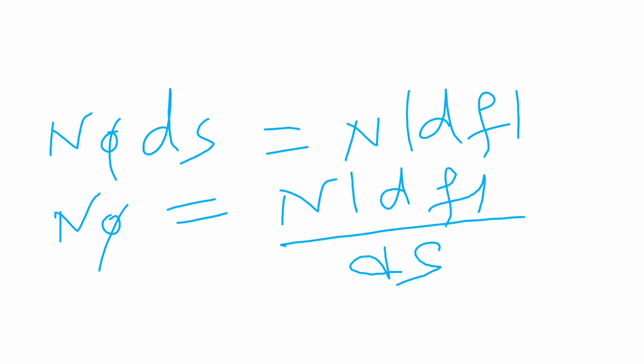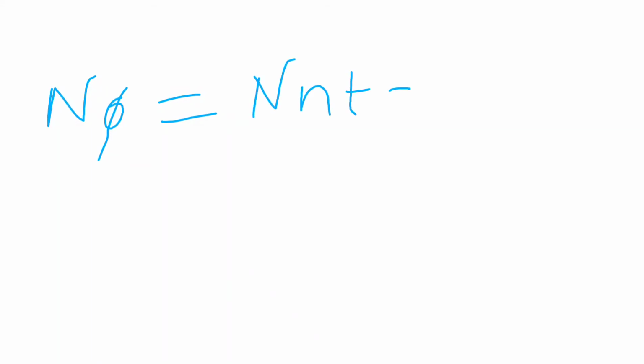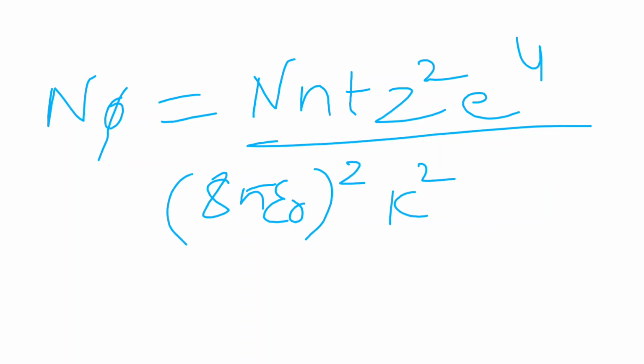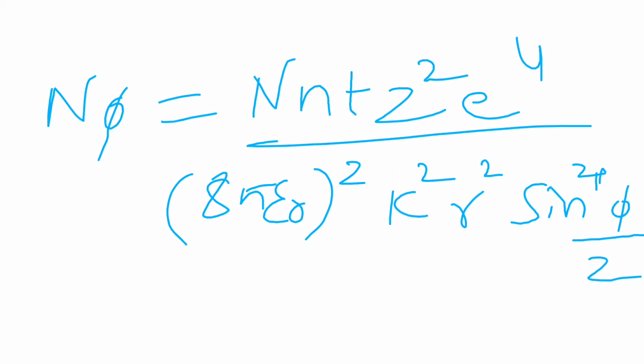We can substitute the values. Finally, this expression leads to N theta equals N n t z square e power 4 by 8 pi epsilon naught whole square k square r square sin power 4 theta by 2.